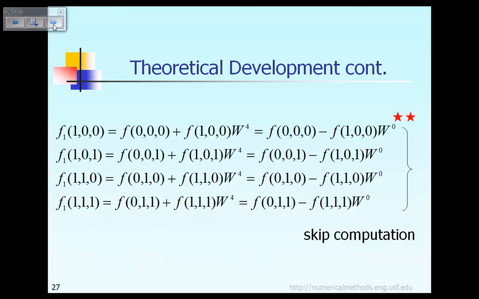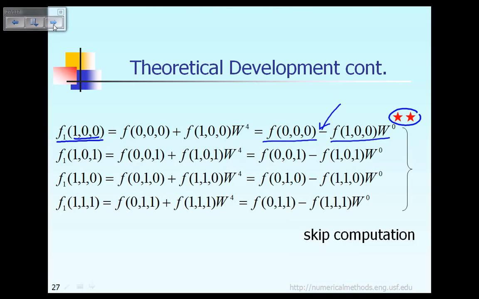And you can see from the next slide, this one is the same thing as F0 of 0, 0, and this product is the same. The only difference is the plus sign up there becomes the minus sign here. Well, this should not be a surprise to you, and the reason is because these two nodes that I indicated with the double star there, they are companion nodes.